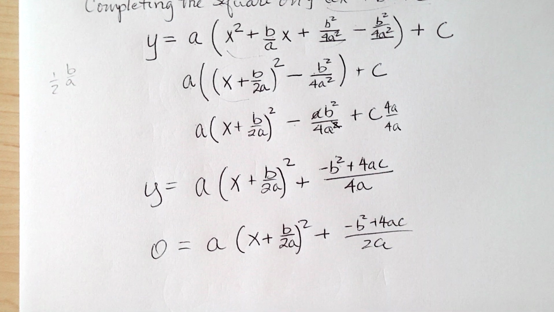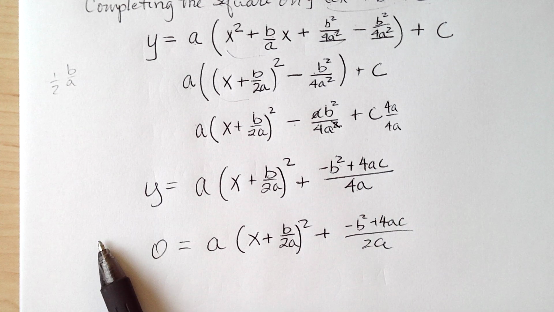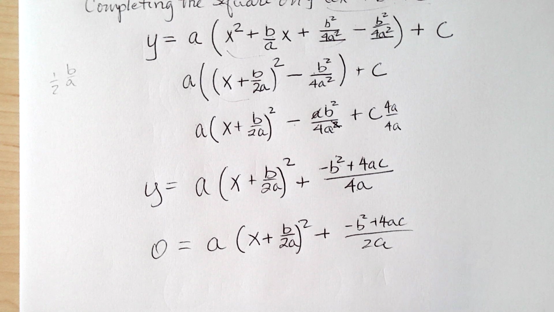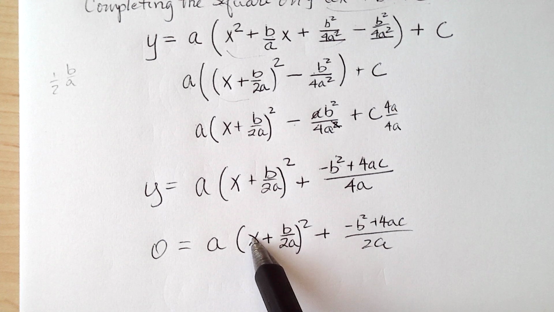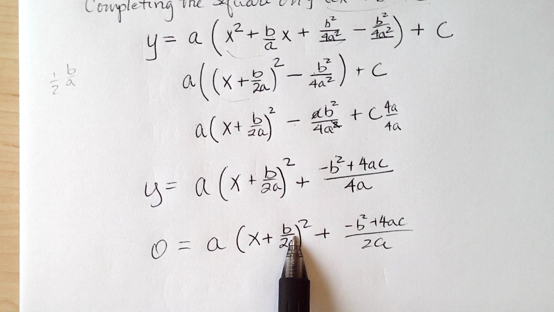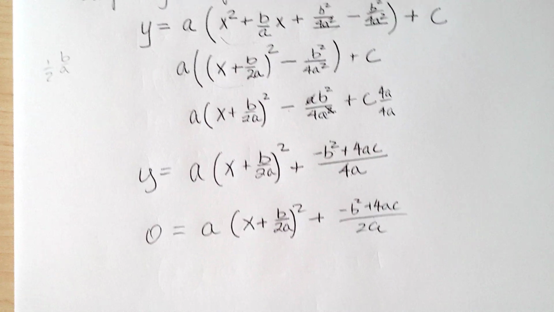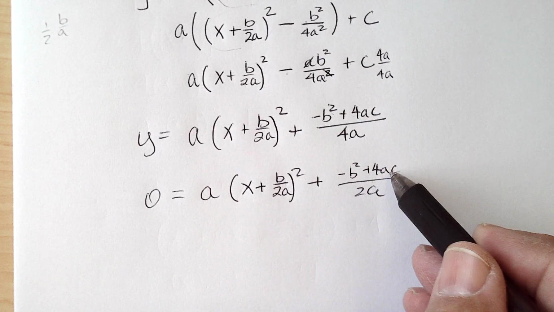To do that, I'll subtract this from both sides. That's the first thing, because I'm going to try to solve for x. So I'm going to subtract this, divide by a, and then take the square root and then subtract that. So I'm going to do that now. So I'm going to subtract this from both sides.